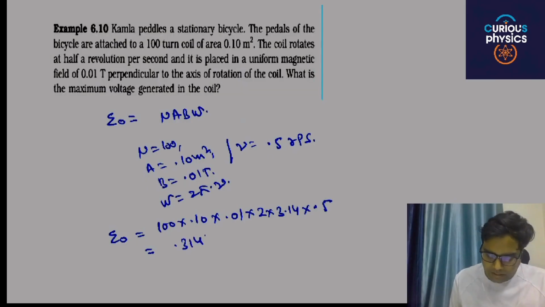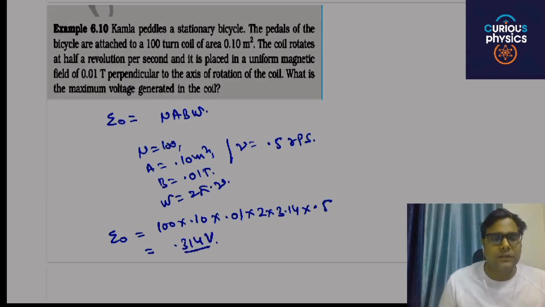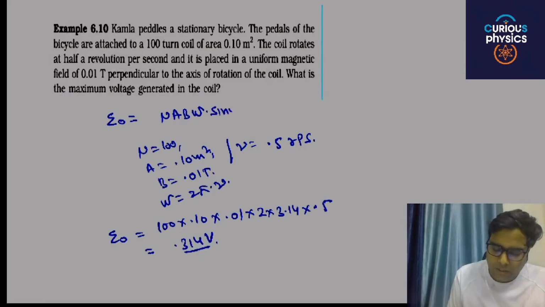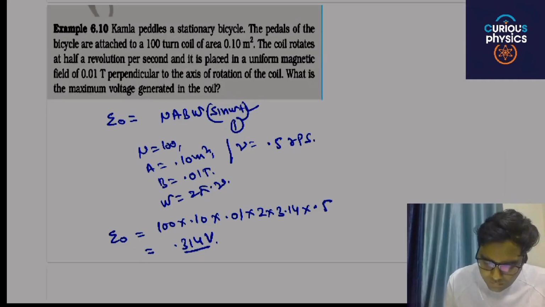You can check the calculation part, but the answer will be 0.314 volt. This will be the maximum value, because here the value of sin ωt is 1. Here it is given that you have to find the maximum value, and the maximum value is NABω. Are you able to get my point or not?